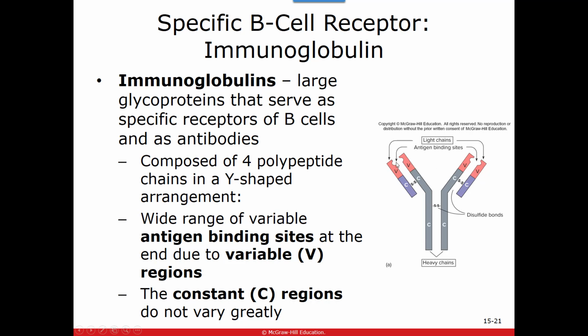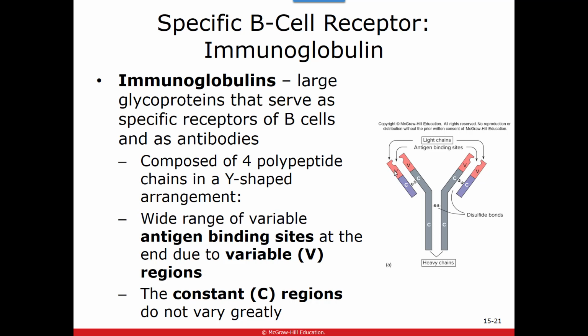This particular receptor only can recognize little circles, but it can recognize millions of different shapes, so that variable region, the hand, that can recognize and attach to different foreign objects changes a lot. The other part's considered the constant region because it really doesn't change, hence constant. But the variable part, where the hands are and the different antigens that it can recognize and attach to and activate that B cell, that's going to vary a lot.